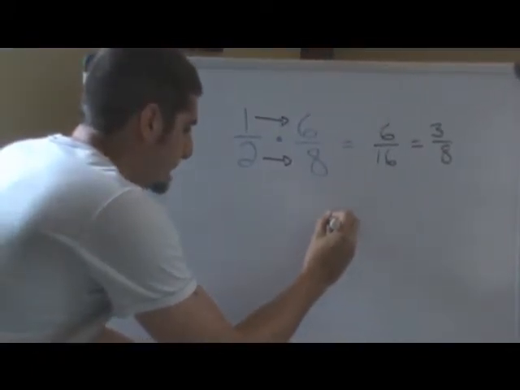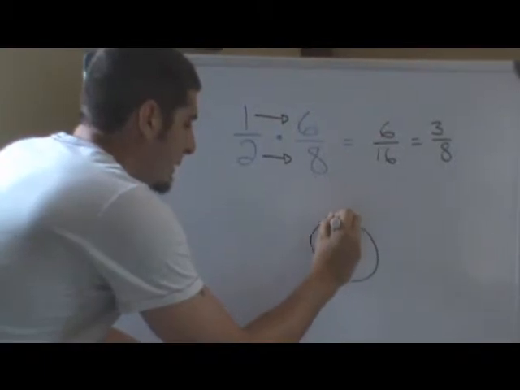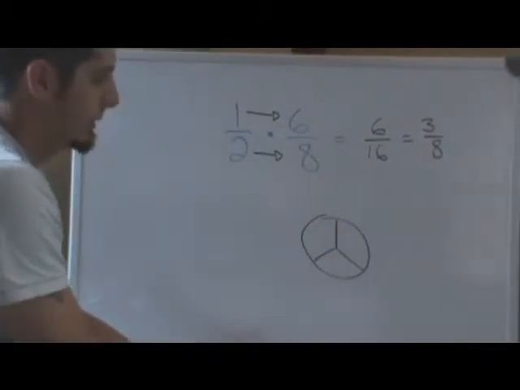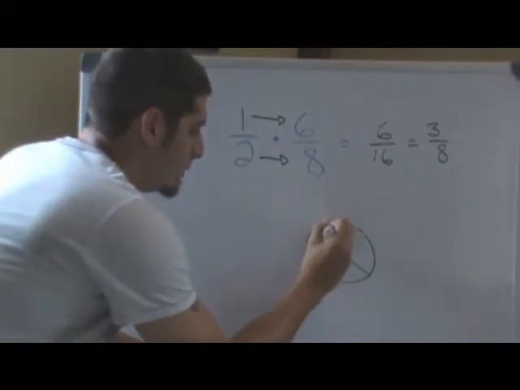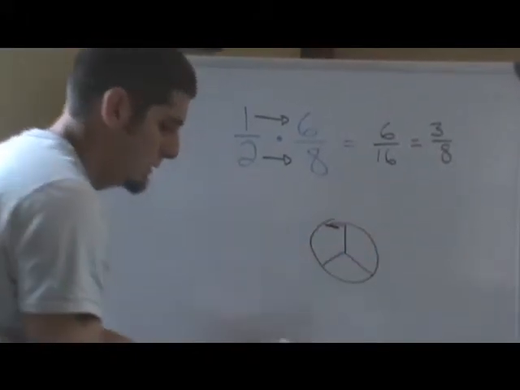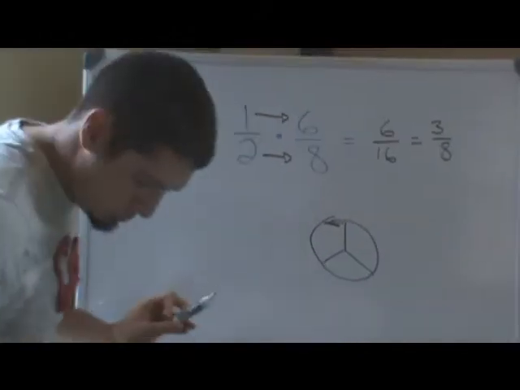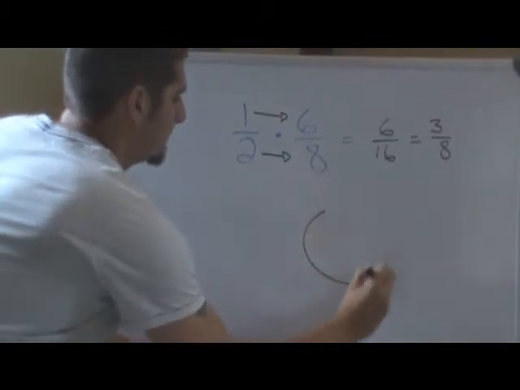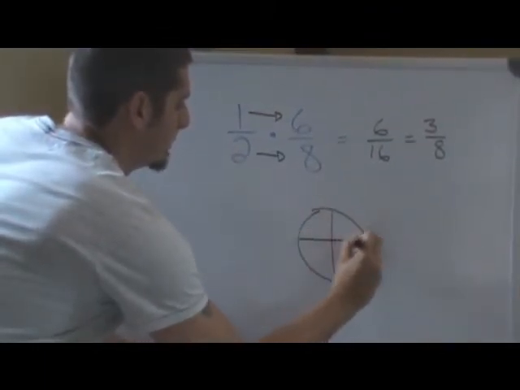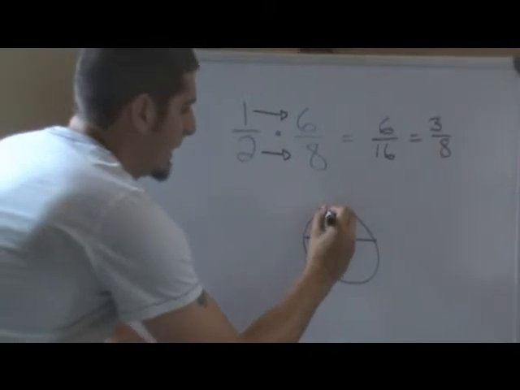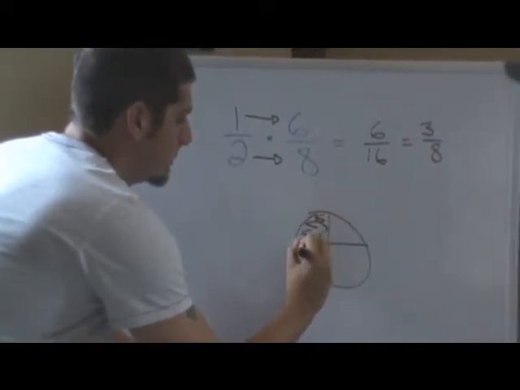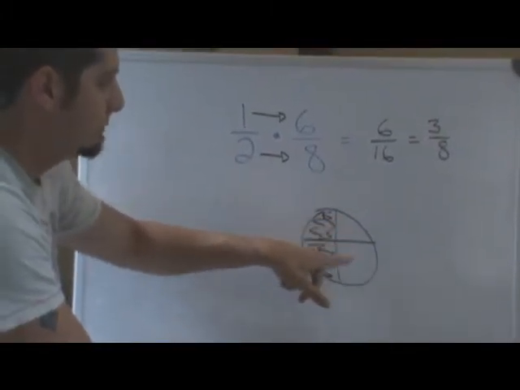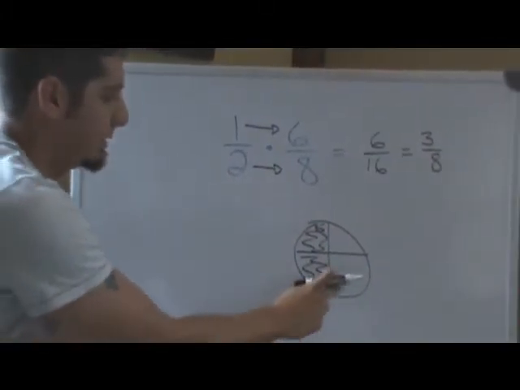So for example, if I have a pizza that's split into 3 pieces, and I have one of those pieces, actually let's split that pizza into 4 pieces. If I've got a pizza split into 4 pieces, and I have 2 of those pieces. Now, it takes 4 slices of pizza to make a whole pizza in this case.